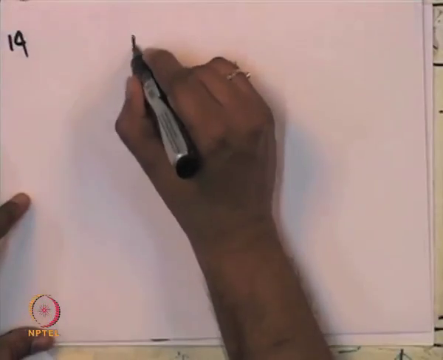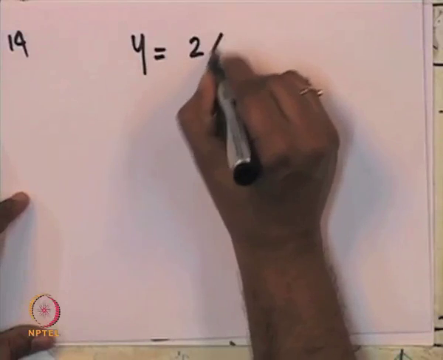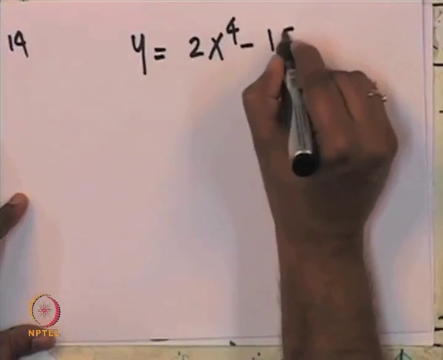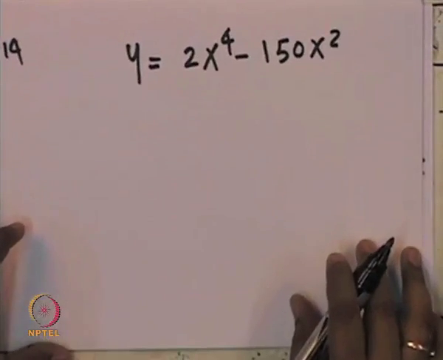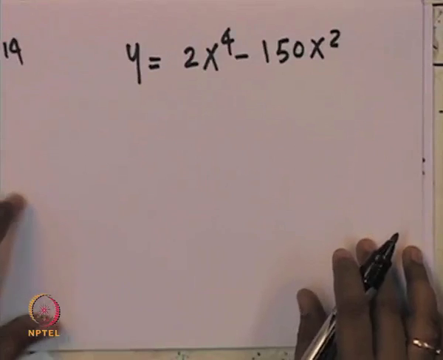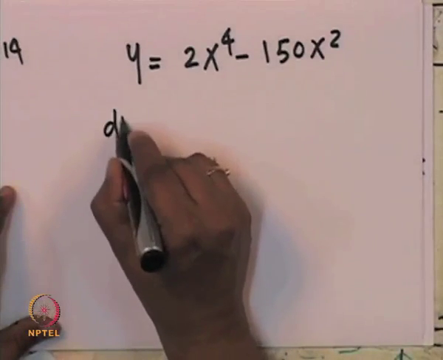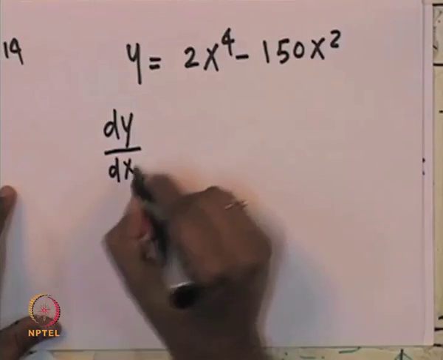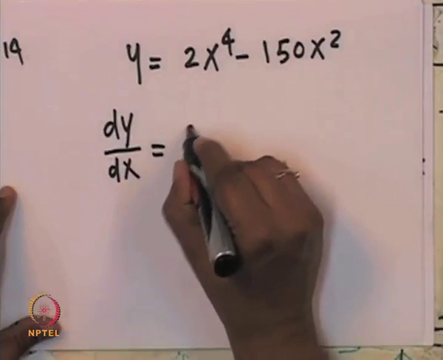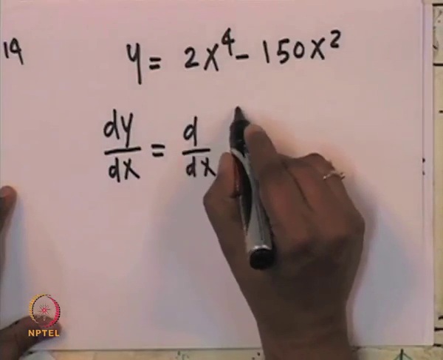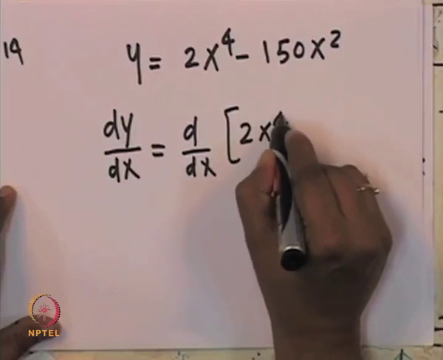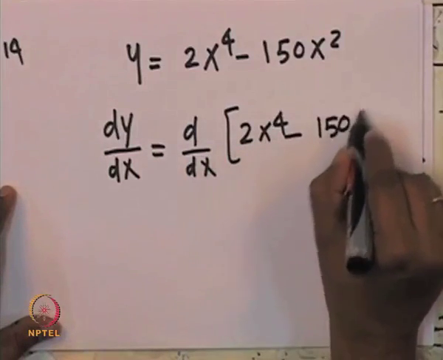The function we have is y equal to 2x power 4 minus 150 x square. So, this is the function we have. Now, the derivative dy by dx is d by dx of this quantity, 2x power 4 minus 150 x square.